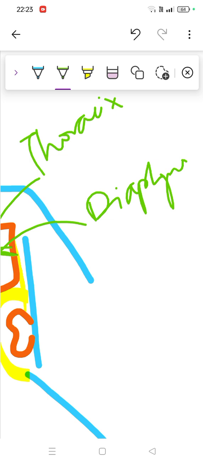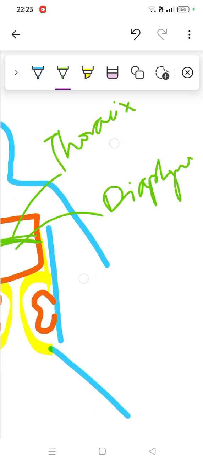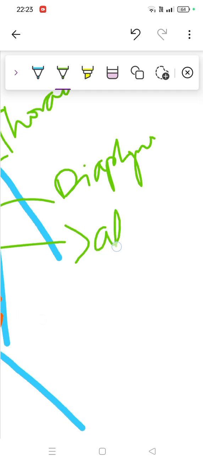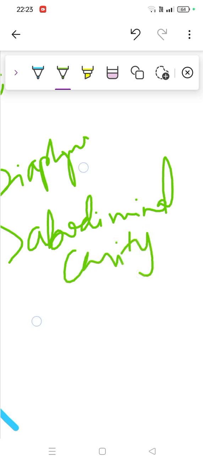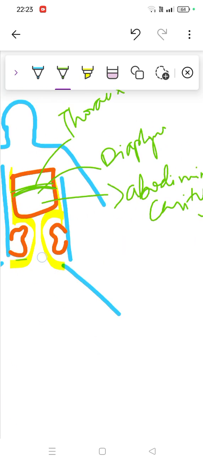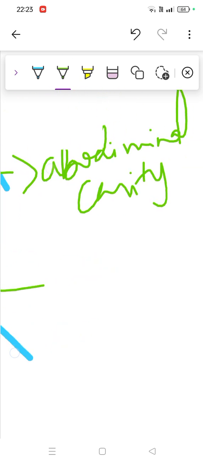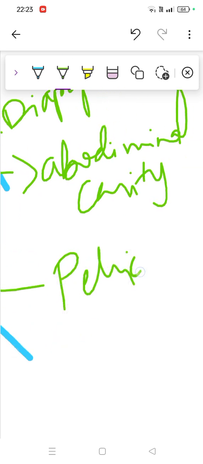Then the body cavity, the coelomic cavity where the fluid is present, is called the abdominal cavity. And downward, the pelvic region is called the pelvic cavity. So all these regions are present, right?